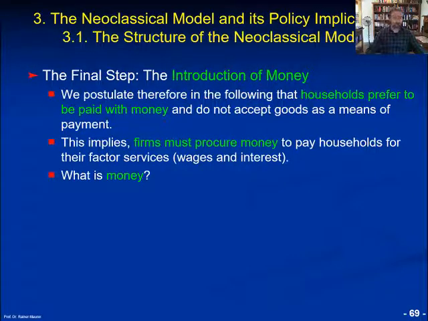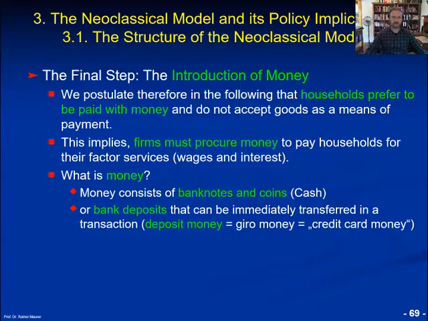What is money? Well, money consists of banknotes and coins. Banknotes and coins is what we call cash. The other form of money that is widely used today is cashless money. Cashless money are bank deposits that can be immediately transferred in a transaction.